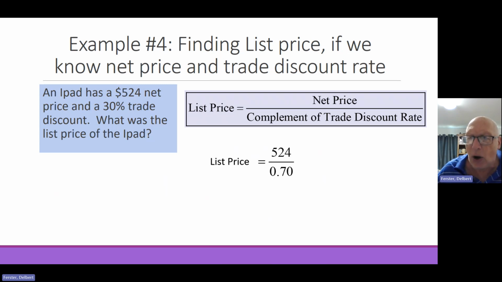So the calculations are asking us to take the net price, the $524, and divide by that complement, which is in this case 70%. And if we did it successfully with a calculator, we'd find out that the list price for that particular iPad would have been $748.57. So that's example 4, walking backward from net price to list price, again, using the idea of complement for trade discount rates.